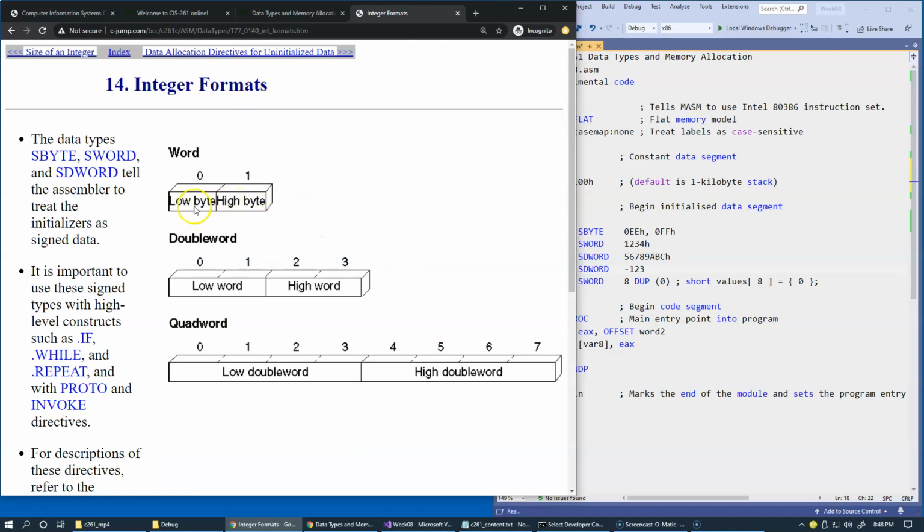Same idea of low bytes and high bytes, low words and high words, which are really specific to little endian storage type of multi-byte values. Okay, so this is also a picture taken from our official Intel architecture manual.